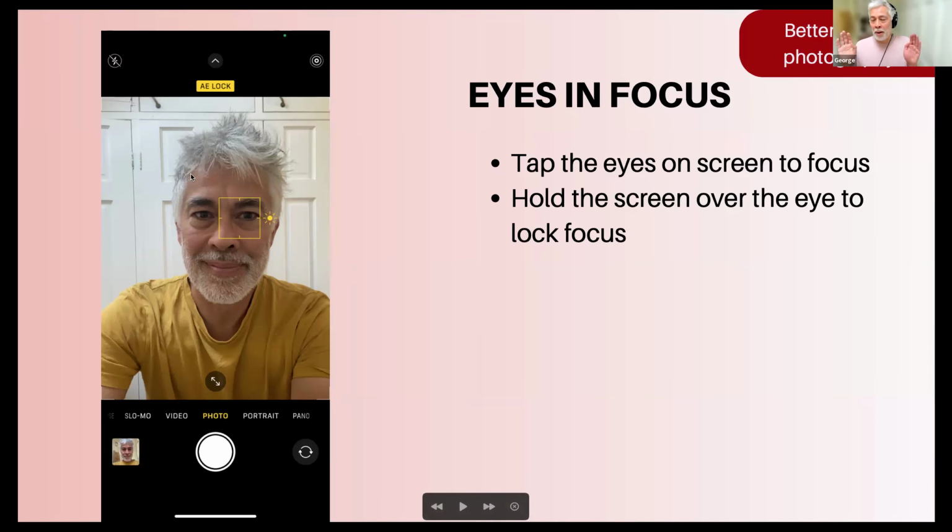If you're inside a house and you walk outside and your phone then makes this massive adjustment for the change in how bright it is inside to outside, that won't happen if you press down and hold. It locks onto the brightness level, and that won't change. So if you're inside and you hold it down and then you walk outside, it will just be flooded with too much light. So AE/AF lock is how you lock onto focus when you are shooting video.